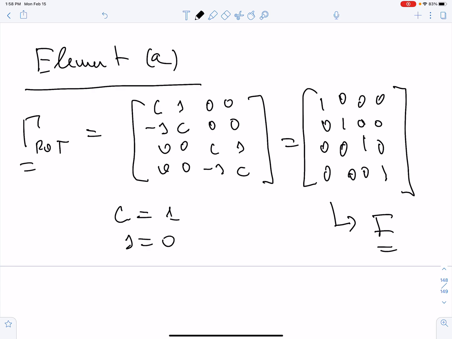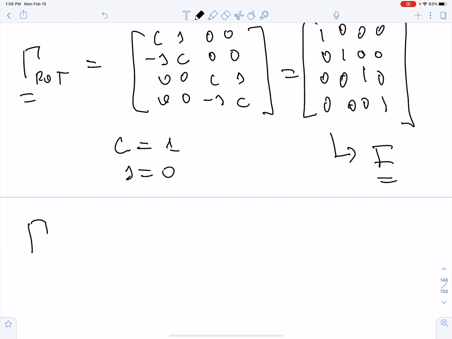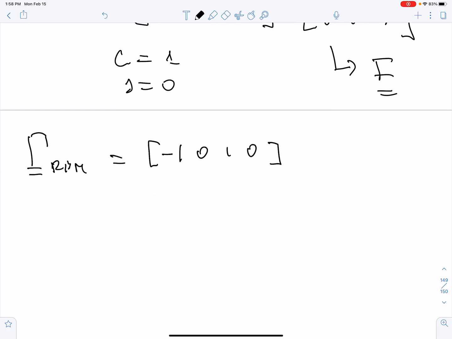Gamma RBM is element independent for a truss, it's always this. And if you recall, we assumed that our basic stiffness was directly given numerically, 300.